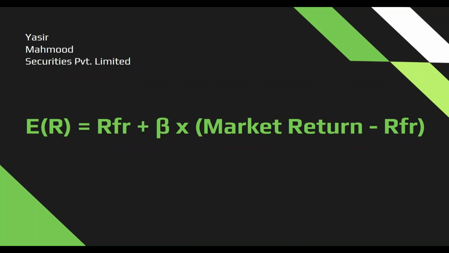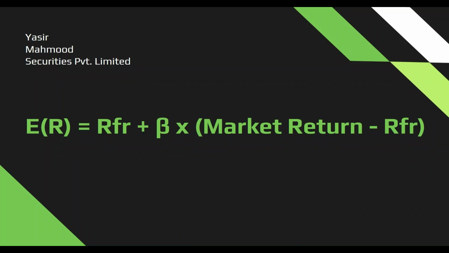And to capture this effect, we have what is known as beta. And I apologize for bringing Greek back into the equation, but it's quite essential. So the expected return that we get from CAPM then becomes the risk-free rate plus the beta times the market premium. The market premium being the market return minus the risk-free rate.